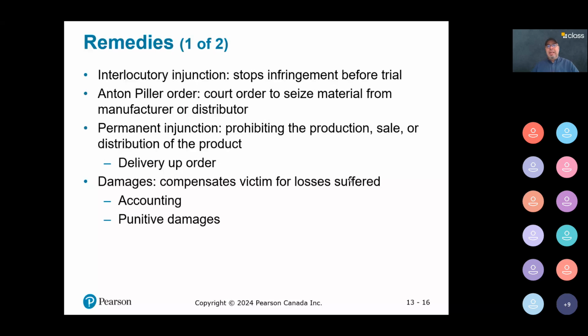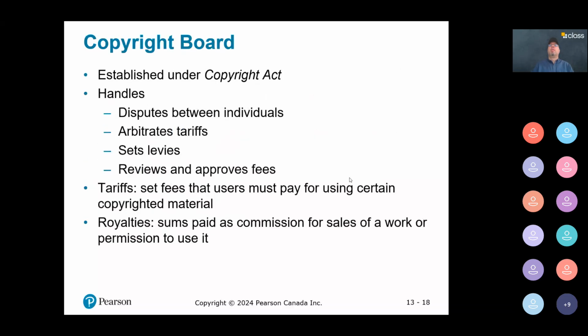Remedies are basically the same remedies we've seen throughout the course during torts, contracts, and others. But we have added a new order here called the Anton Piller Order. This is for the offending material, the violating material, to be seized so that evidence is protected in court.